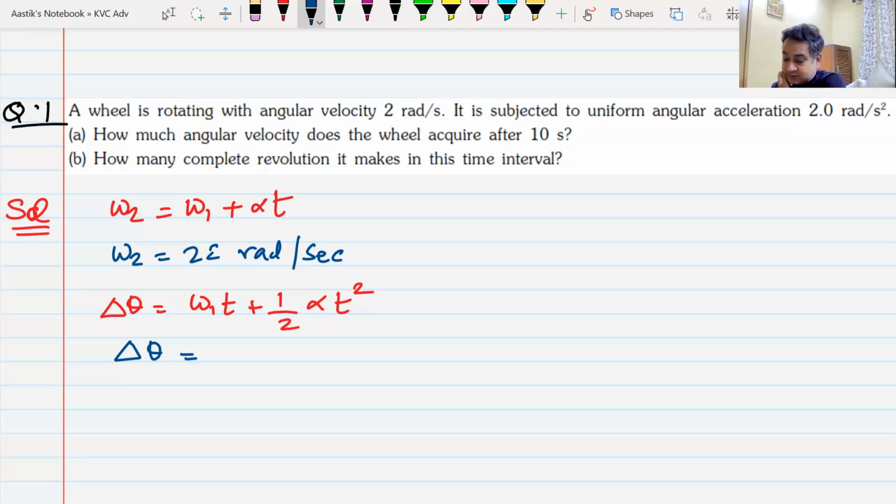How much is it coming? 120. Yes or no? 120 radians. So how many number of revolutions? 120 divided by 2 pi. These many number of revolutions.